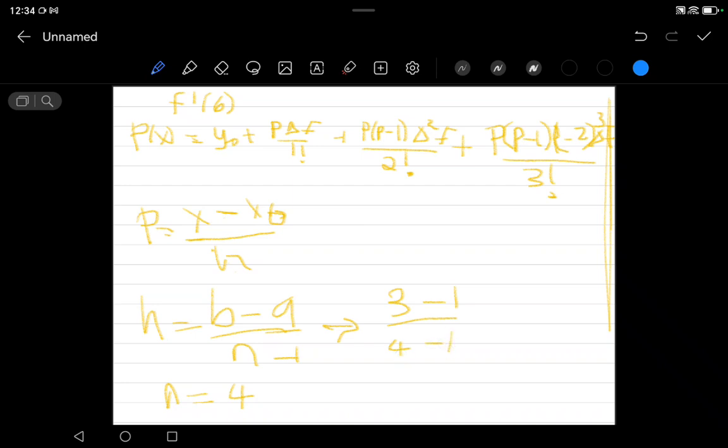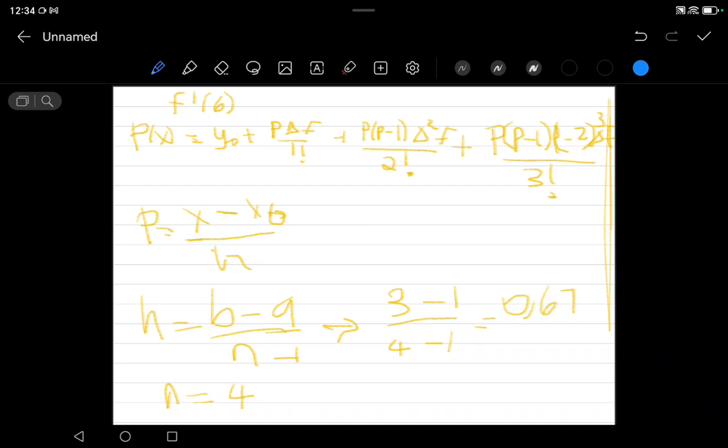So this is our formula for calculating h. h is equal to b minus a over n minus 1. So our h is going to be 3 minus 1 is 2, 4 minus 1 is 3. So it's 2 over 3, which we can write as a decimal, 0.67.